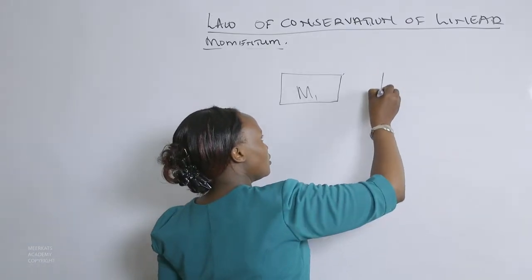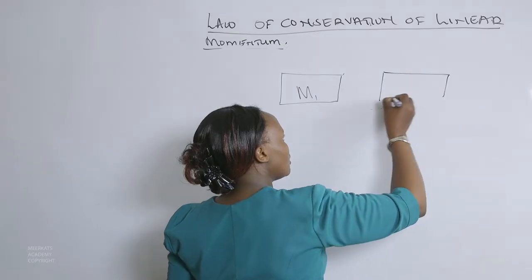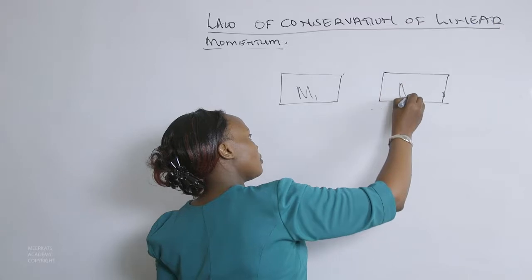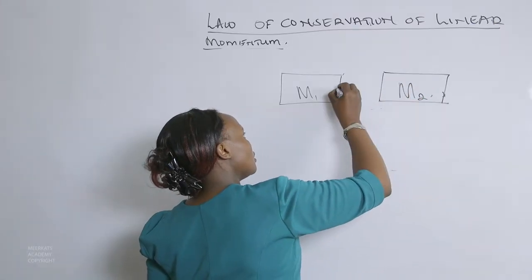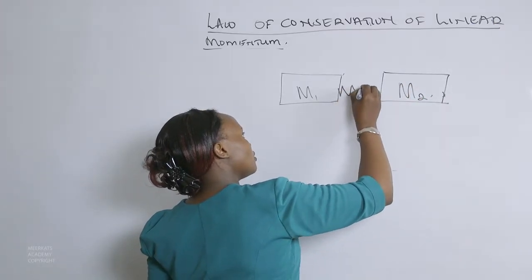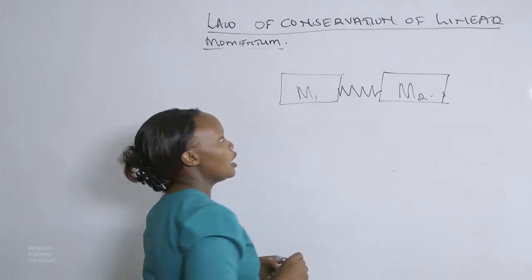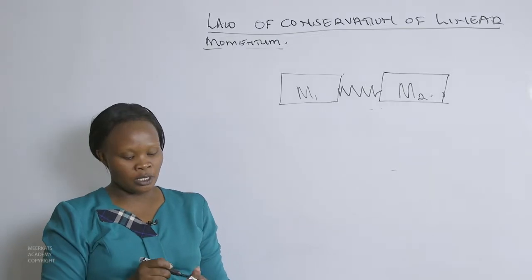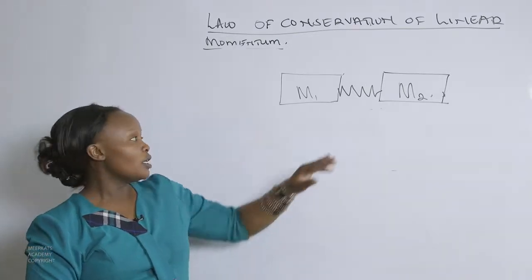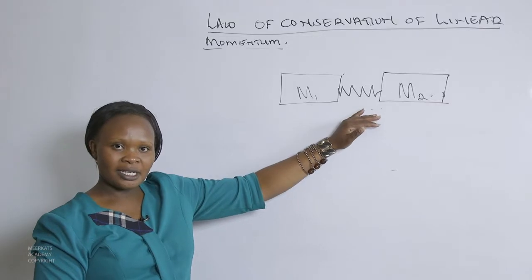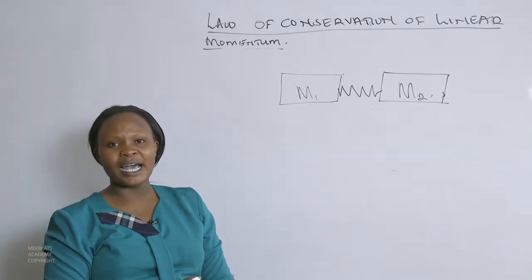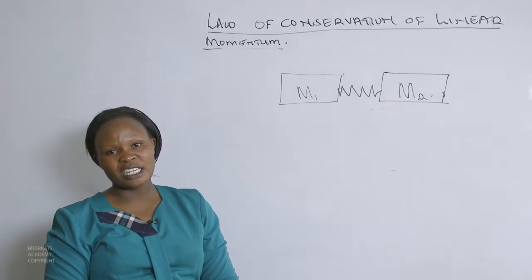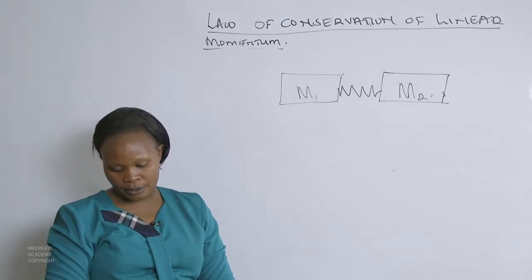This other one, we give it mass M2. Then we could use a spring to attach them. Now, when these two bodies are attached, they behave as a unit.